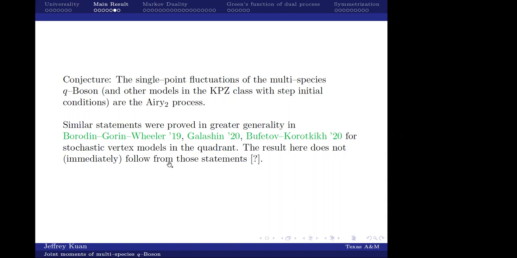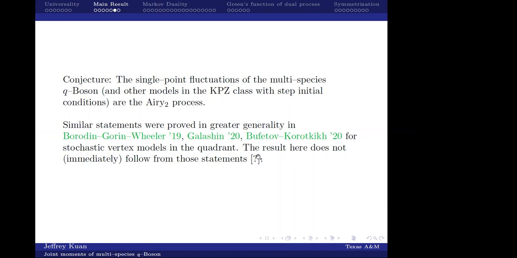The result I'm presenting here doesn't immediately follow, as far as I know, from these results. That's partially due to the fact that the degeneration from stochastic vertex models to continuous time processes can be done in more than one way, and also the boundary conditions are different. I don't think it follows from those results, but if someone out there listens to this talk and tells me I'm wrong, I'm open to being corrected.